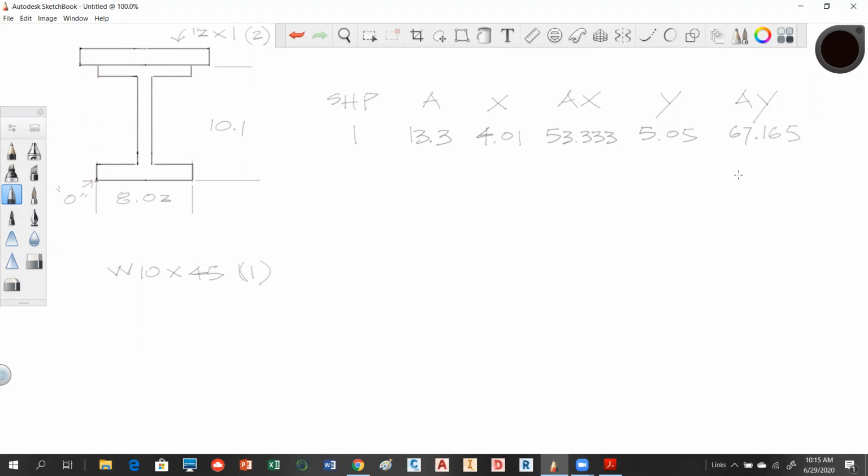67.165. So now we're going to look at shape 2. Shape 2 is just a shape you would use from the table in the book, 6.1. So basically, we just have an area of 12 times 1 for that plate. So that is going to be 12 square inches.